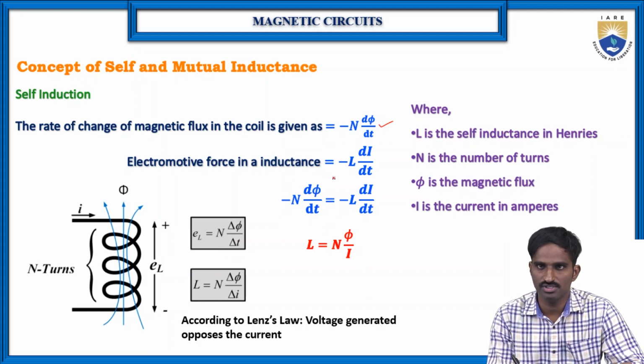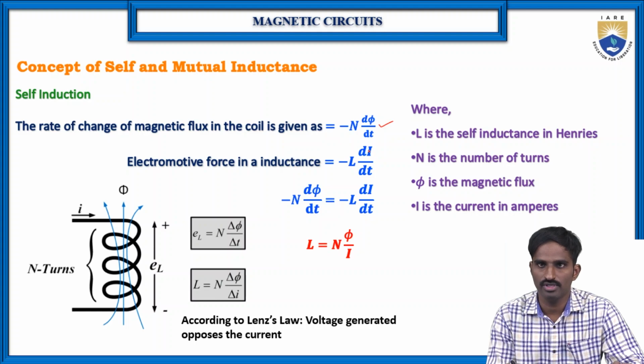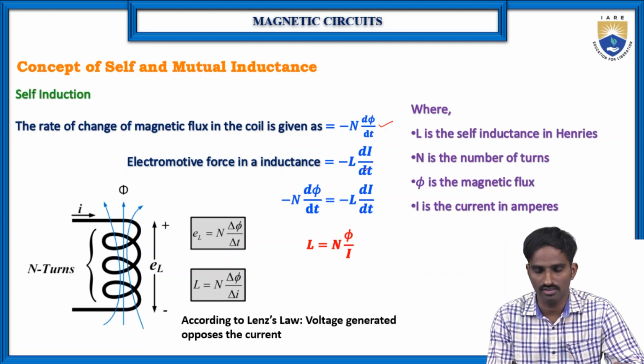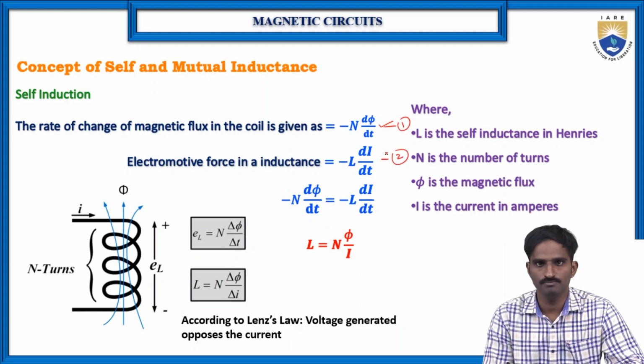And the EMF equation that we already know is EMF equal to minus L into di by dt, because the EMF is induced in the coil because of the current flowing through the coil, and this opposes the EMF induced in that coil. So here it is minus L into di by dt. Both represent the voltage across the coil, the EMF induced across the coil. Let us consider this as equation number 1 and this as equation number 2.